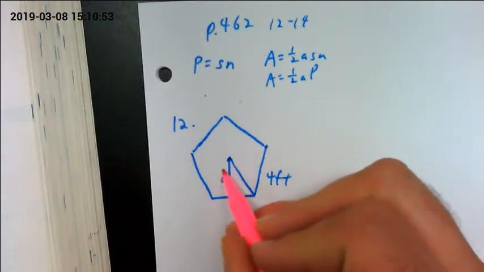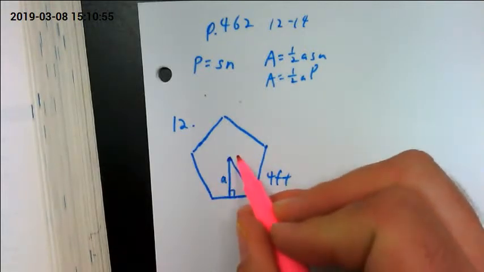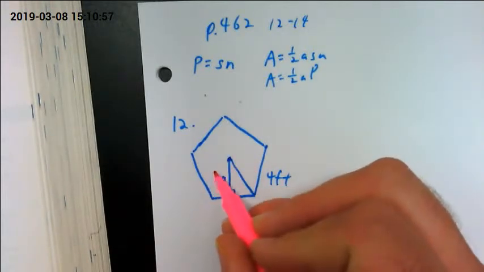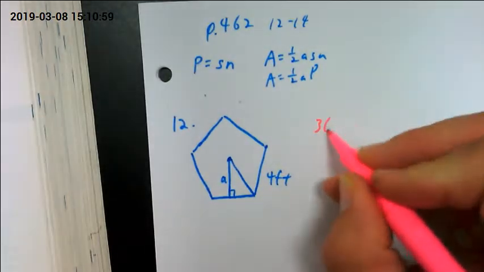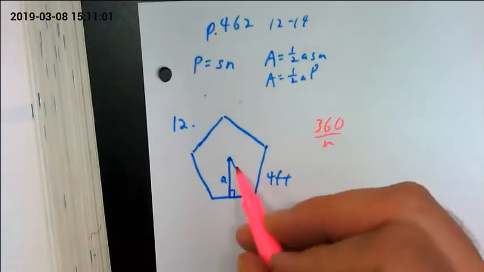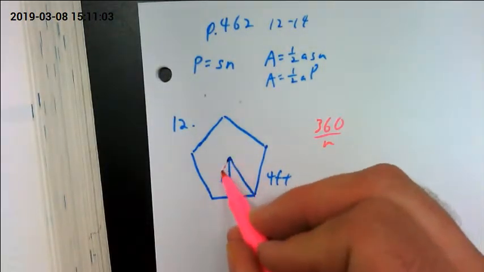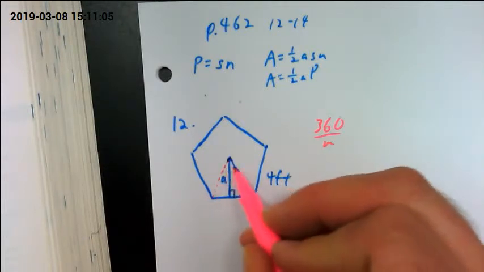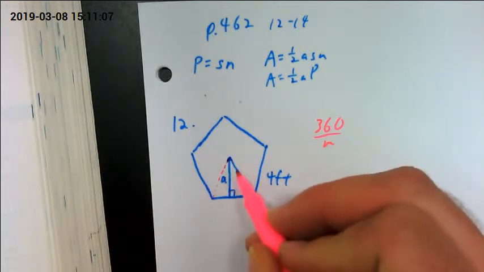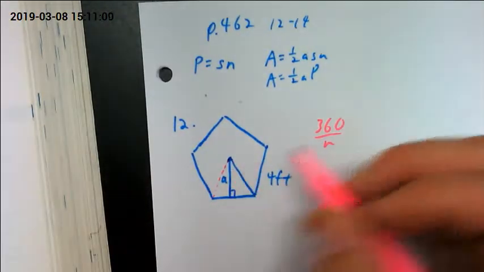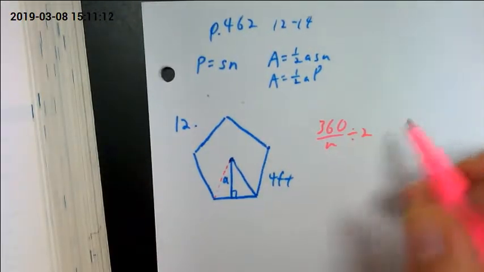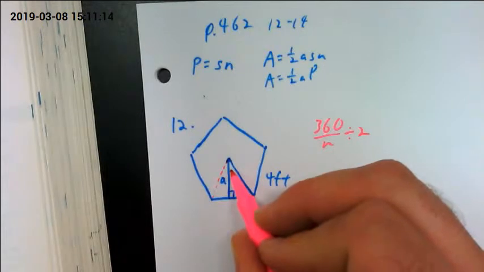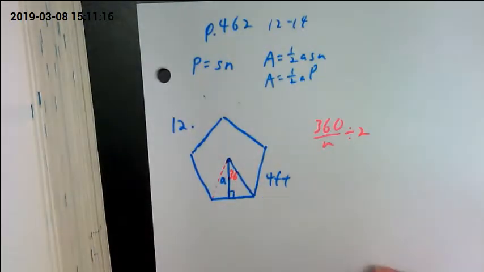We're going to take all the degrees around this central angle, which is 360, divide it by n, in this case it's 5, and we would get that this whole angle up top is 72. And then we'd have to divide by 2. So that would give me 36.